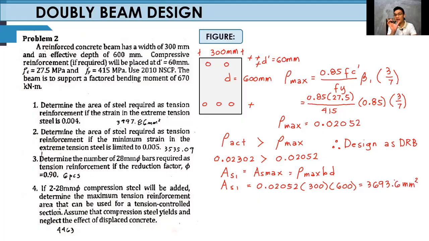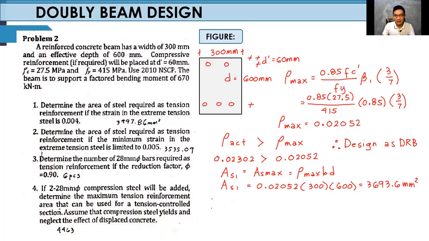So take note, yan lang yung maximum na kailangan dapat nating ilagay sa bottom, di ba? So therefore, kailangan pa natin yung reinforcement niya which is AS2. So therefore, paano ba kukunin si AS2? Ayan, AS2 yung kailangan natin kunin.